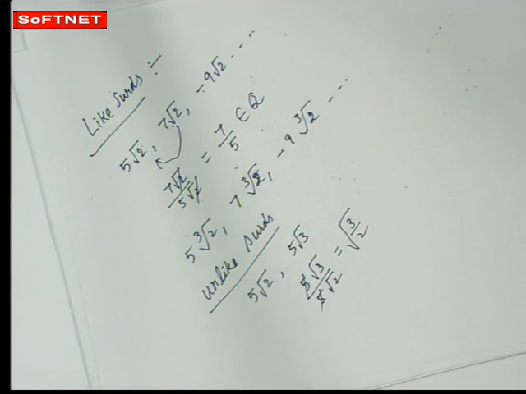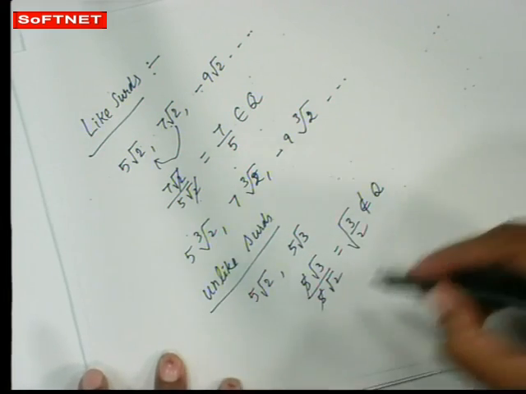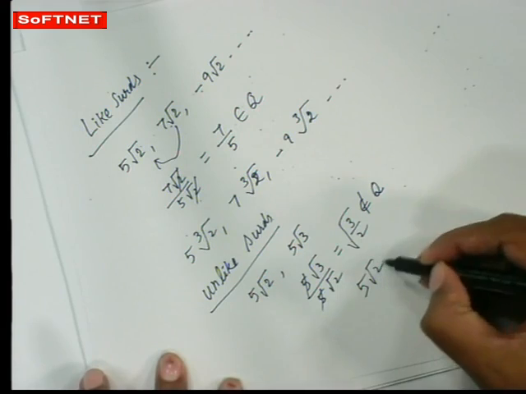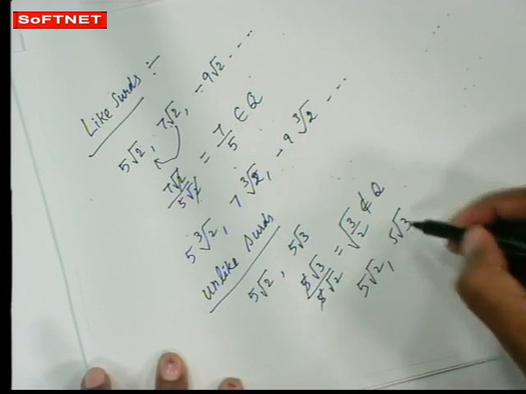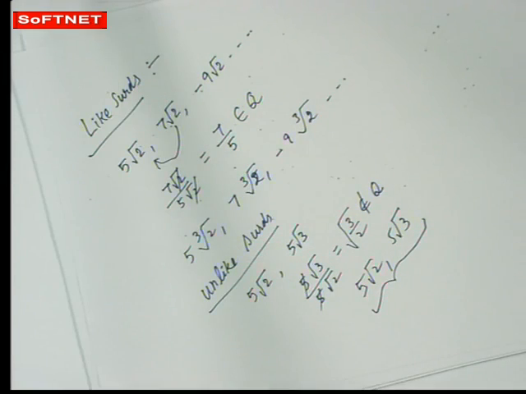Root of 3 by 2 cannot be a rational number, so this does not belong to the rational numbers. So 5 root 2 and 5 root 3 are not like surds. They are dissimilar surds or unlike surds.